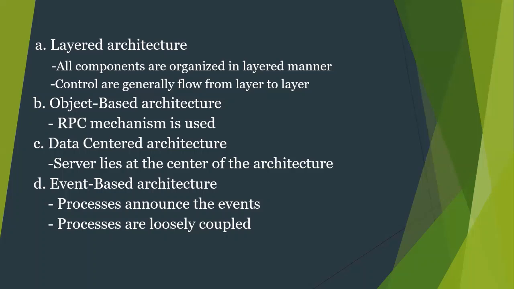After announcement of the events, middleware ensures that only those processes that subscribe to those events will receive them. The main advantage of this event-based architecture is that processes are loosely coupled, and they are simply distributed.